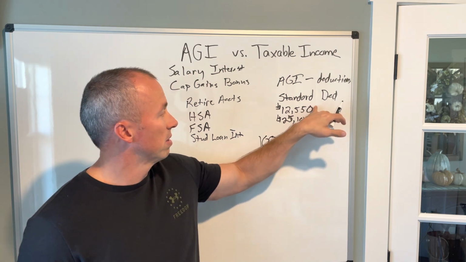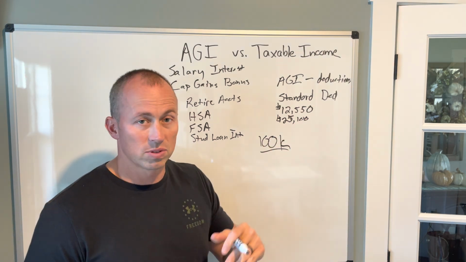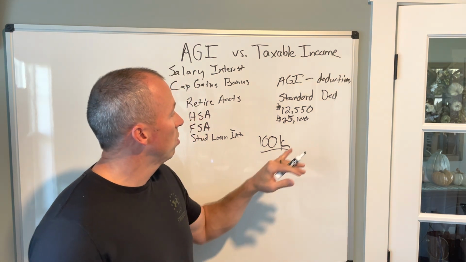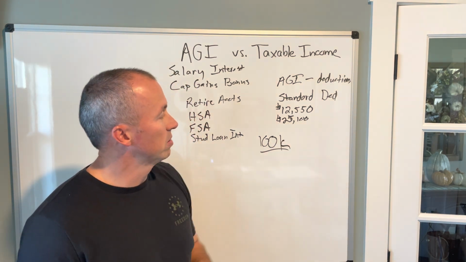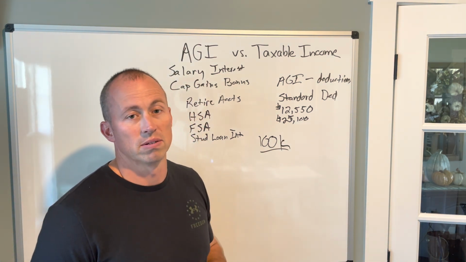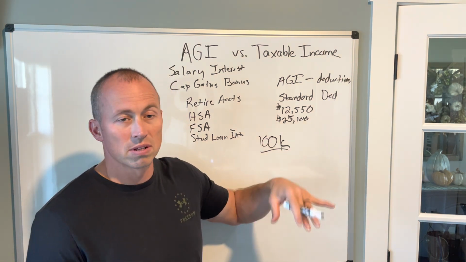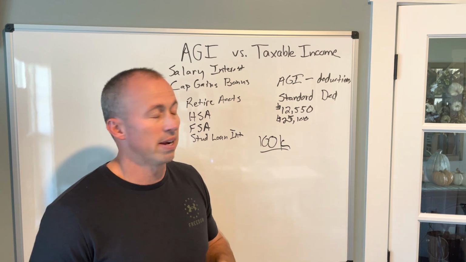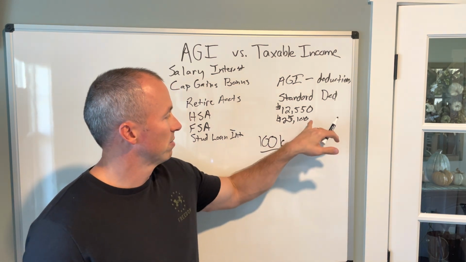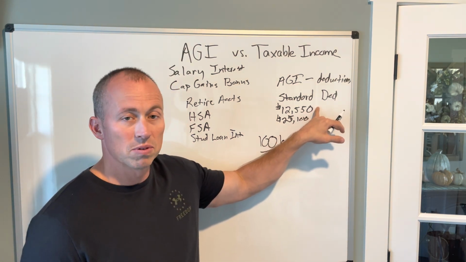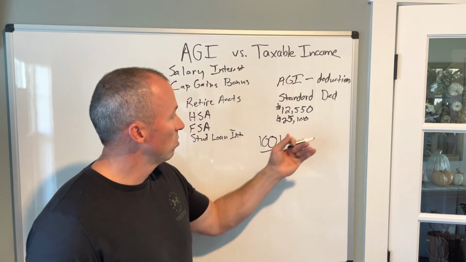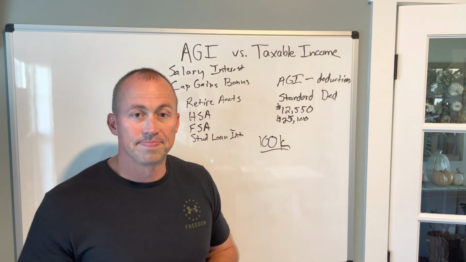So if you're single, that's going to be $12,550 for 2021. If you are married, it's going to be $25,100, all right? Now there are a couple of ways that can be increased by just a little bit, like if you're over the age of 65. But for most people, it's going to be these two numbers right here, $25,100 or $12,550.